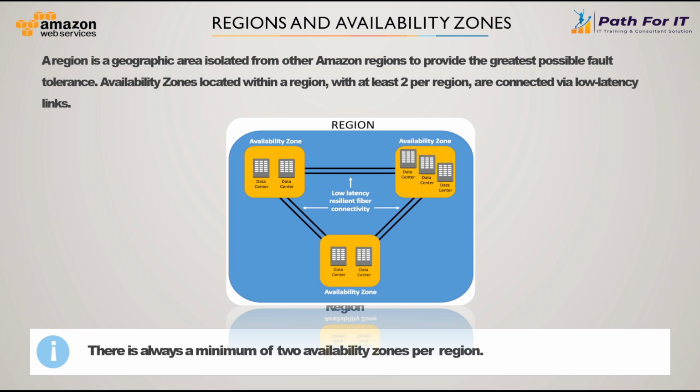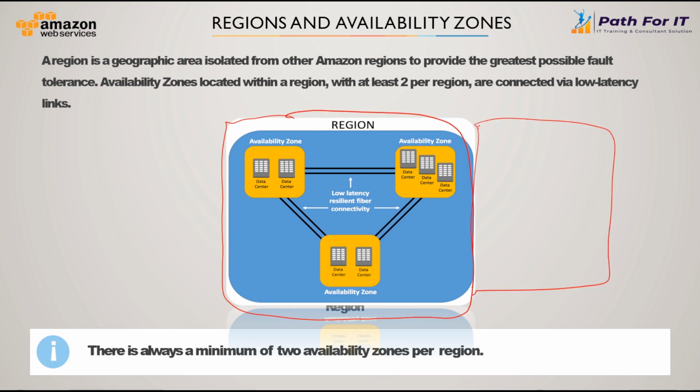So a region is only a geographic area, and one region will be associated with another region to provide the greatest possible fault tolerance. Now we'll try to understand what fault tolerance is. Basically, fault tolerance is the ability of a system or a component to continue functioning without failure or without unexpected failure. We call this fault tolerance.